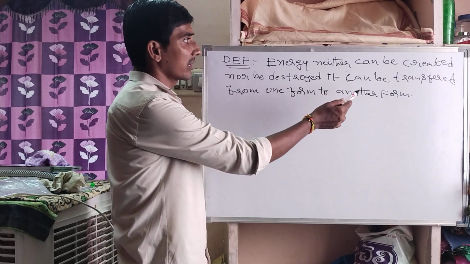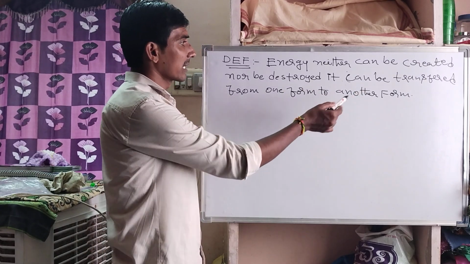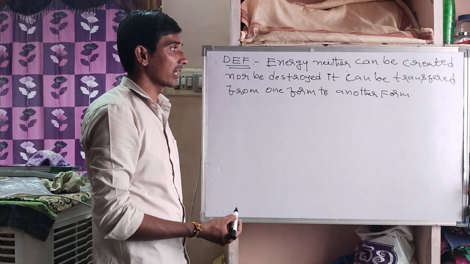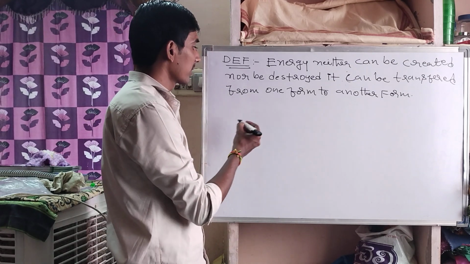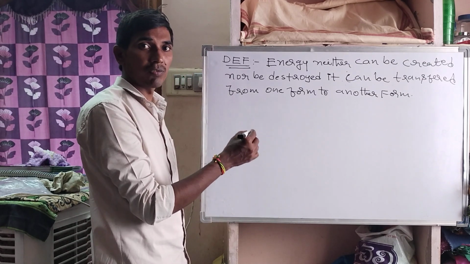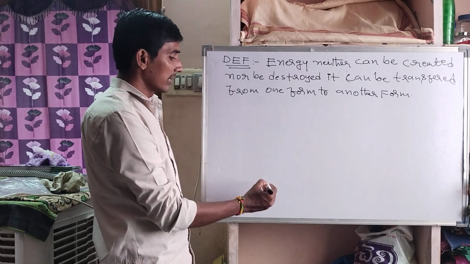It can be transferred from one form to another form. That's the law of conservation of energy. If we take one freely falling body, suppose this is the ground.